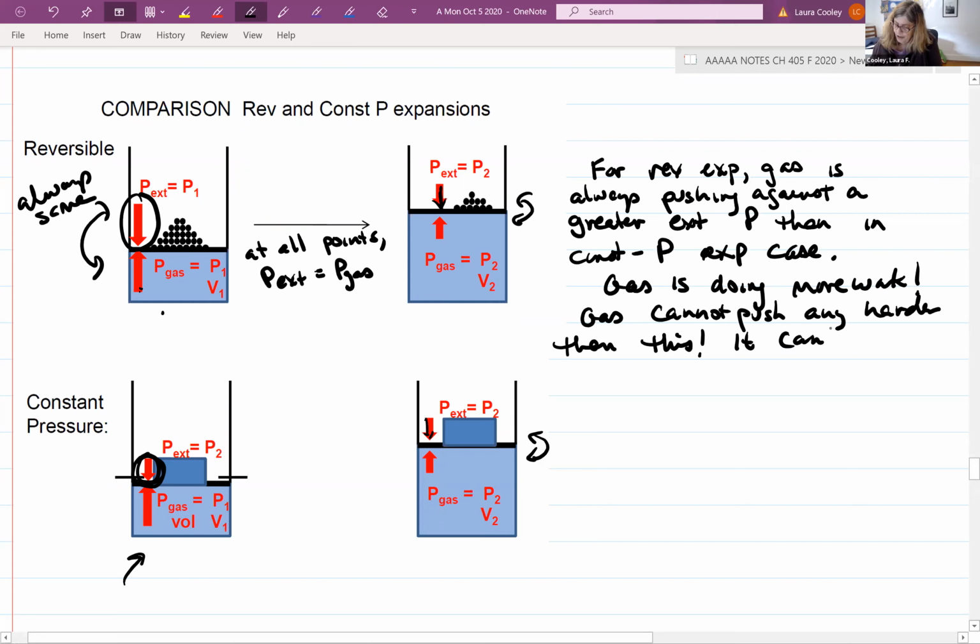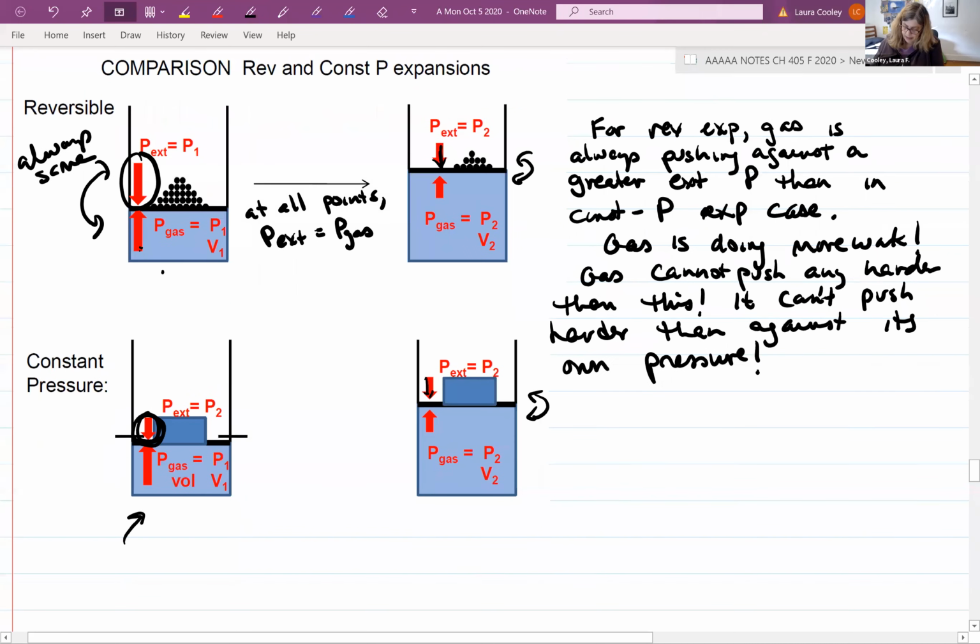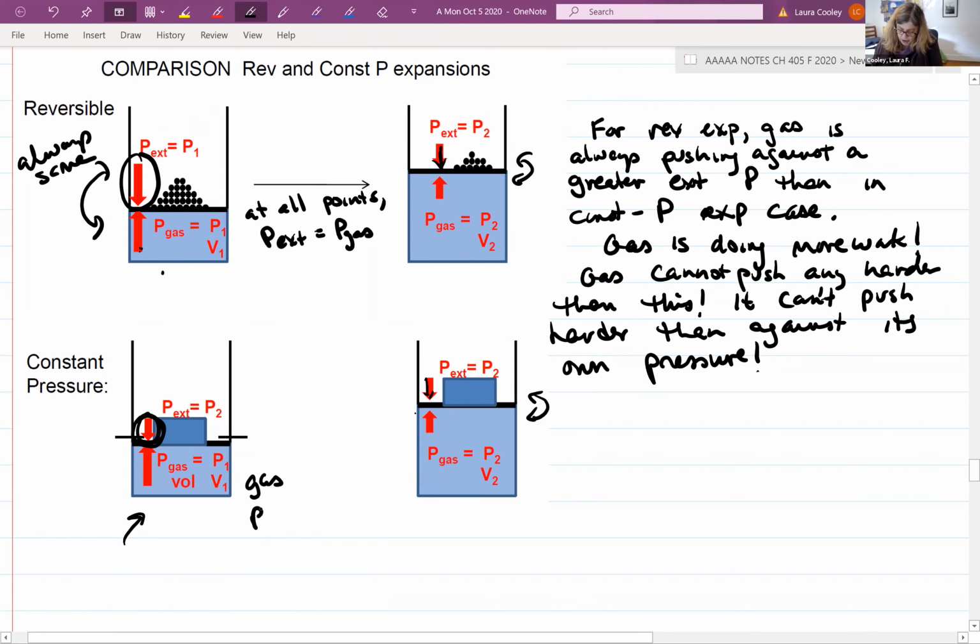It can't push harder than its own pressure, or infinitesimally less. Okay, here, until it gets to the ends, here the gas pushes against a lower pressure.